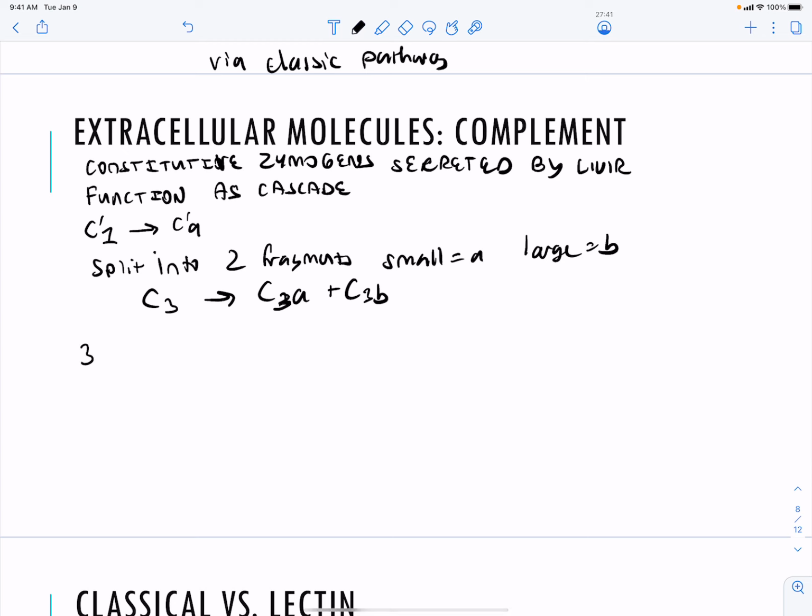There are 3 ways to activate, or pathways. So there's 3 activation pathways. We have our lectin pathway, which is mannan binding lectin.